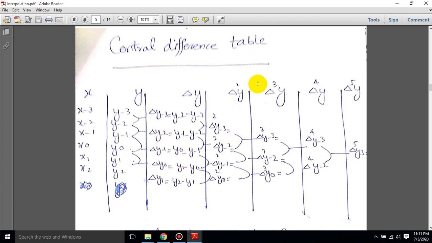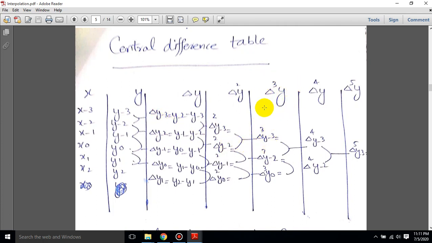Moving on to del square y, we are getting the difference here as the lower value minus the upper value. For example, for the value here, which I have not written down, it will be equal to del y minus 2 minus del y minus 3, and so on.